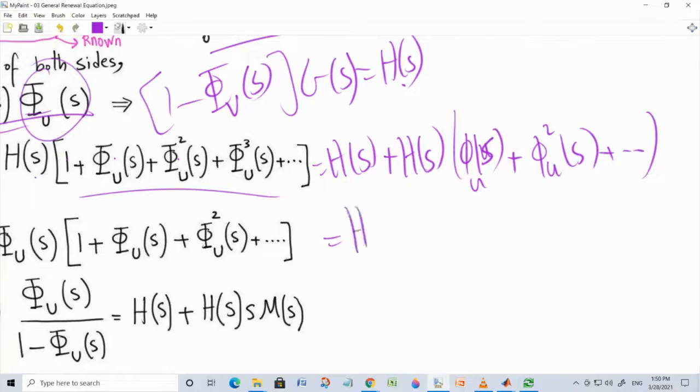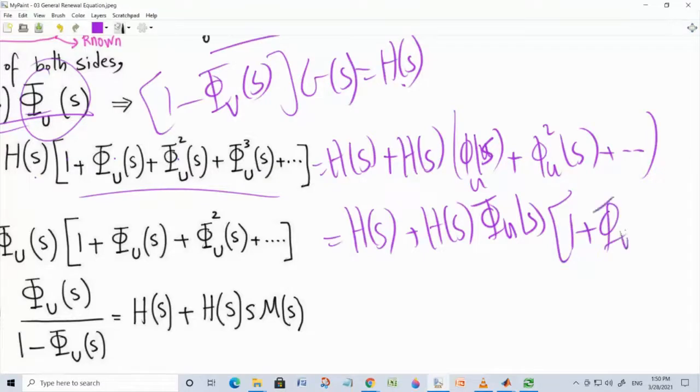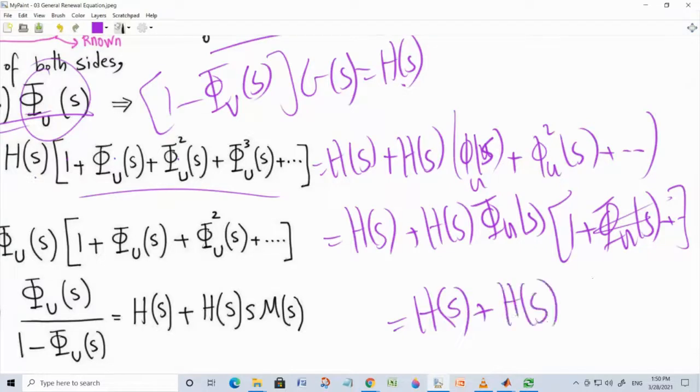Then you can take phi u of s as a common factor, so here we have 1 plus phi u of s plus phi squared and so on, and then this series you put back as phi u of s over 1 minus phi u of s.